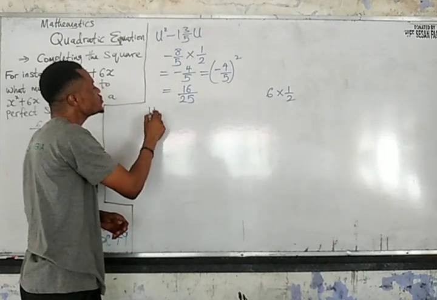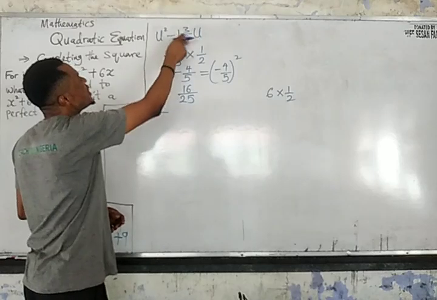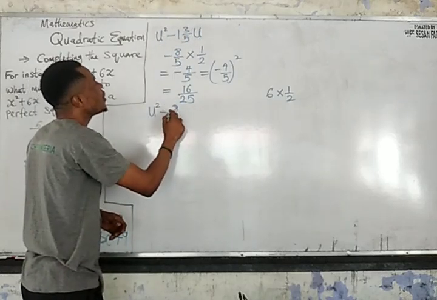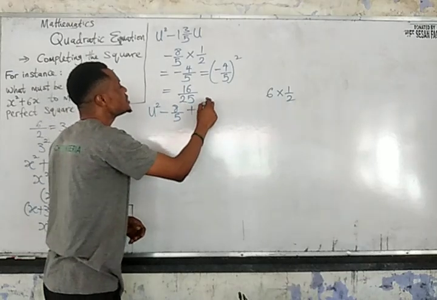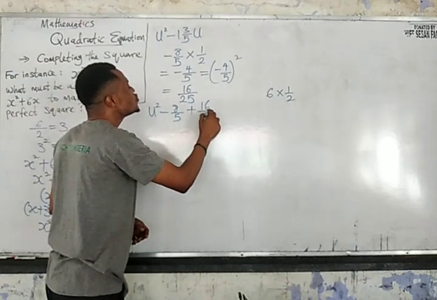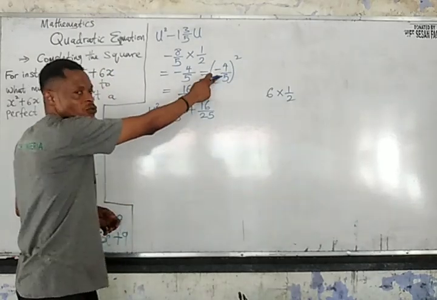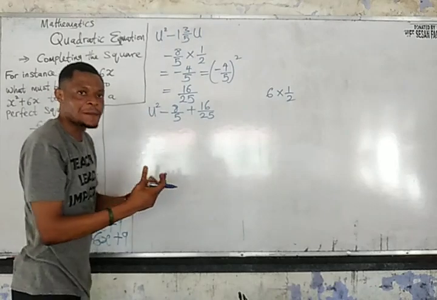We have u squared minus this one already established as an improper fraction, 8 all over 5, then plus 16 all over 25. So in order to complete the square perfectly, we are going to use this. This is what we are going to add to the expression to make it a perfect square.